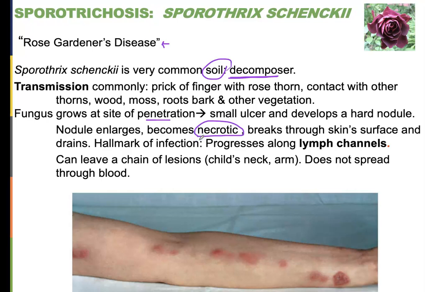And another hallmark of sporotrichosis is the following of the lymphatic vessel. Our lymph channels, our lymphatic vessels, run right along our blood vessels. They are a little bit more open wide to larger microbes. So fungi, if you remember, are eukaryotic. The cells of fungi are like 1,000 times bigger than a bacteria.